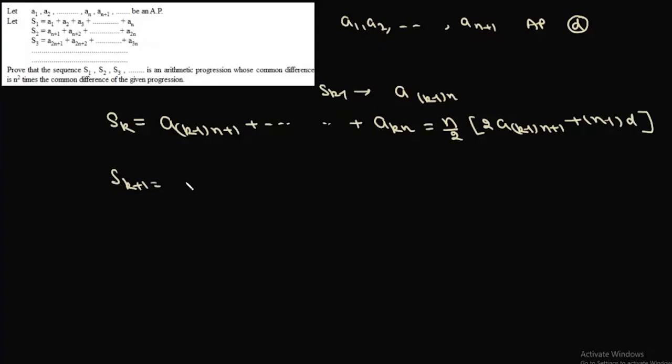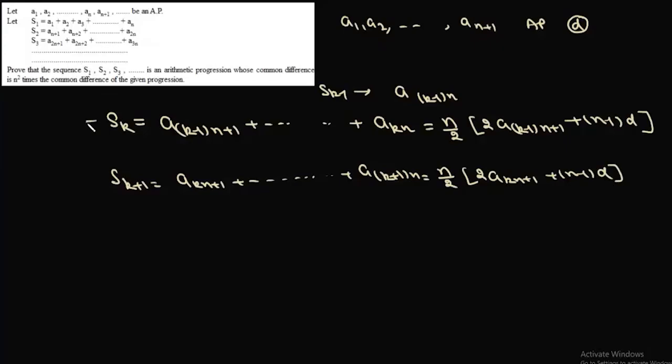Then we can write S(k+1). Now here the first term will be A(kn+1), and we'll go all the way up to A((k+1)n), and this sum will be n by 2 into 2A(kn+1) plus (n minus 1) into d. Now if the sequence is an AP, then the difference between any two successive terms must be independent of k.